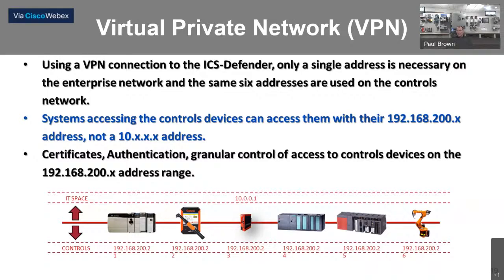It's identified with access capabilities through a VPN, and it operates as though it's actually on the control network. As you can see here, it's going to access all those devices with the 192.168.200 address and not with the address of the 10.x.x.x. There are certificates, authentication, and user control that is done in the ICS Defender to allow this process to happen.